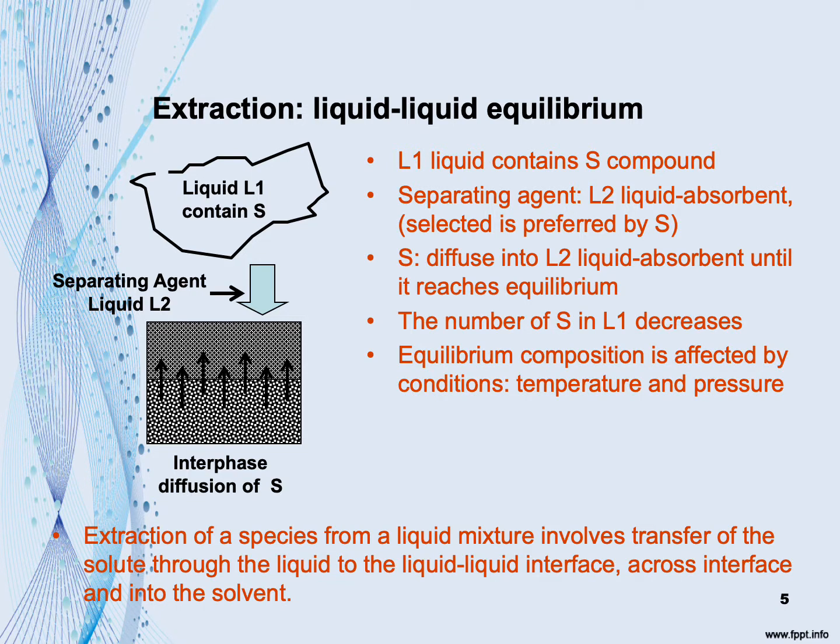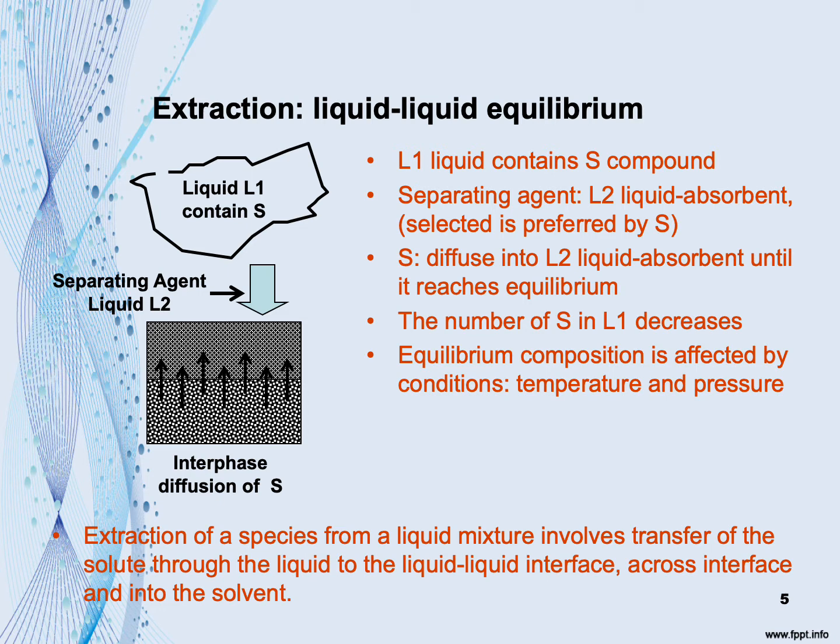Another example, which is going to be our last module, is extraction. Extraction is liquid-liquid equilibrium. So we have a liquid 1 that contains S, let's say, and we have liquid 2 also. The separating agent is actually a liquid solvent, selected because it is preferred by S. The difference from absorption is that absorption starts with a gas-liquid system, but extraction contains a liquid-liquid system. The equilibrium composition again is affected by conditions.